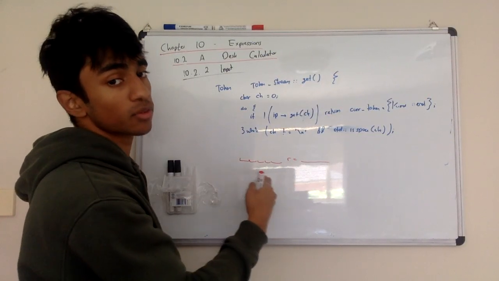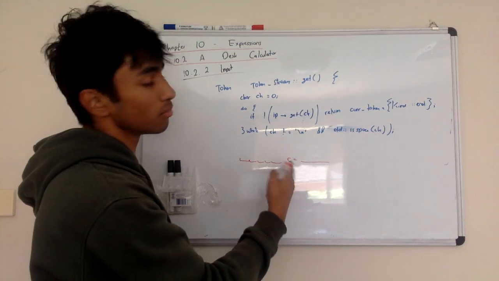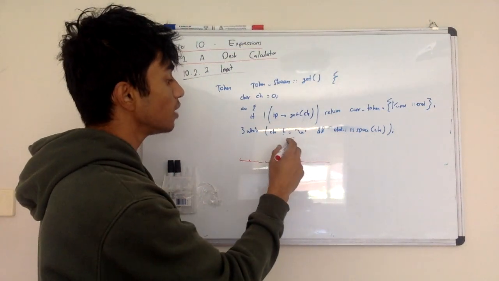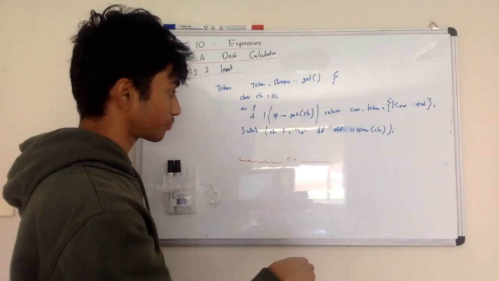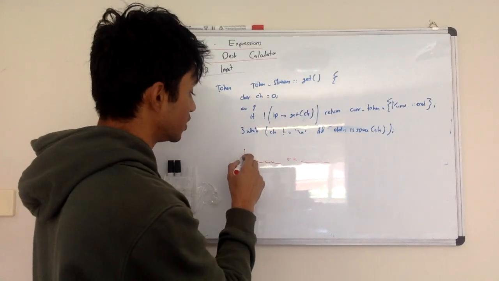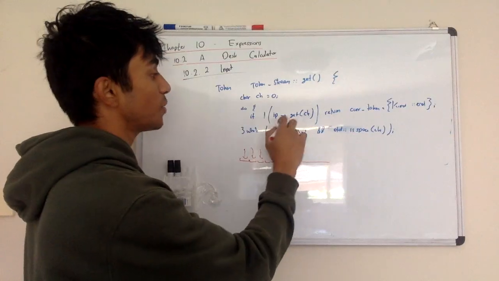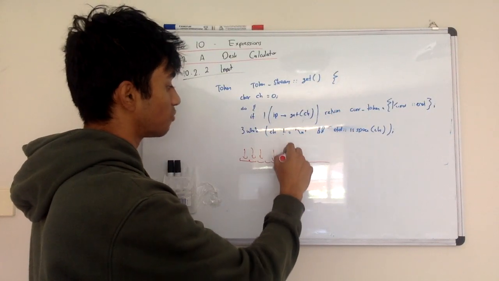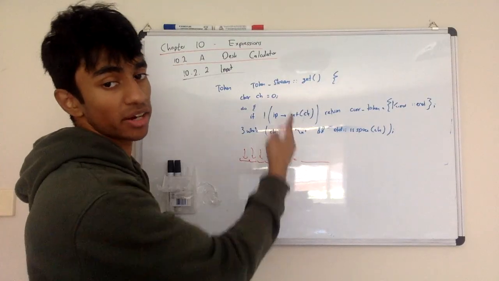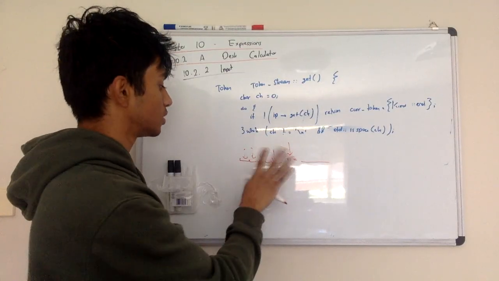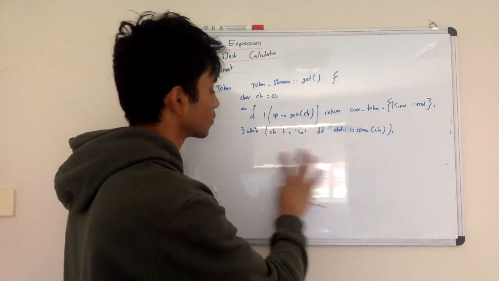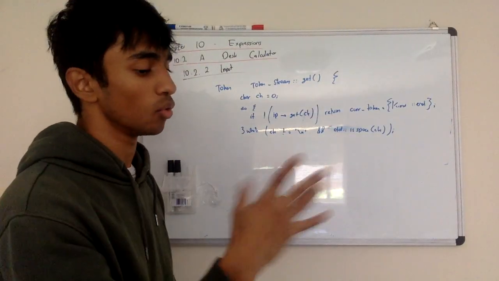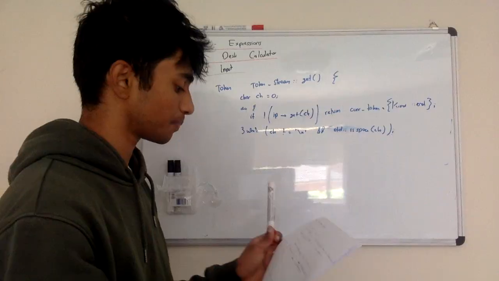Because how many times do I have to read in space before I actually hit my name in this case? So that's what all this is. While ch is not a new line, and we're actually reading in spaces, let's just make sure that we don't read in anything weird. And then when we finally don't hit a space, we'll break out of the do while. That's all this is. So this is like an extra check just to make sure we're able to read in space characters and kind of just throw them away and ignore them before we get to the actual tokens.